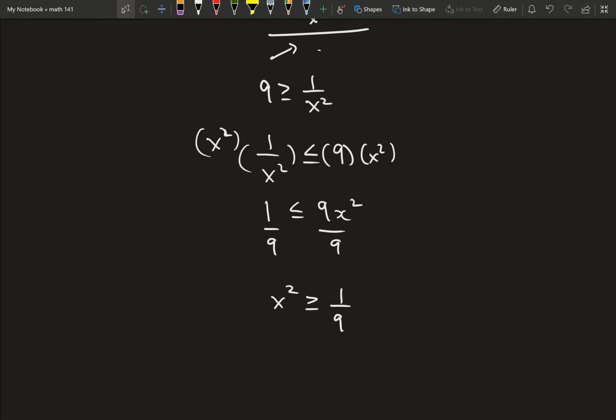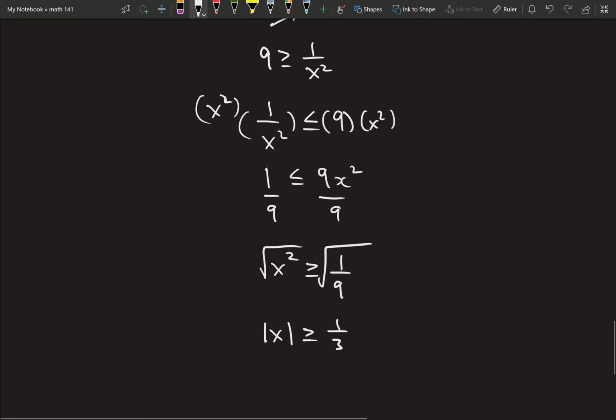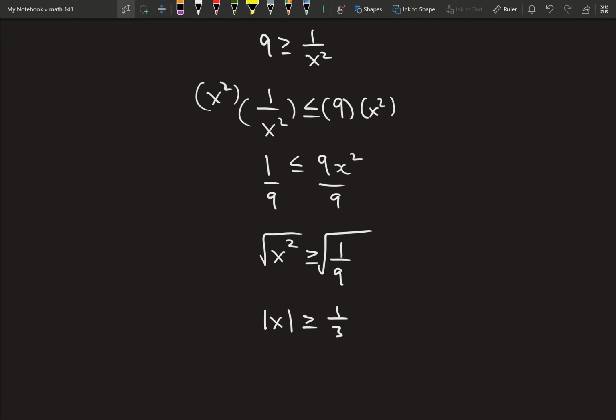Okay, let's take the square root of both sides. Remember, when you take the square root of x squared, you get the absolute value of x. That must be greater than or equal to 1/3. If you have an absolute value greater than or equal to a number, that means either x is greater than or equal to 1/3 or x is less than or equal to negative 1/3.